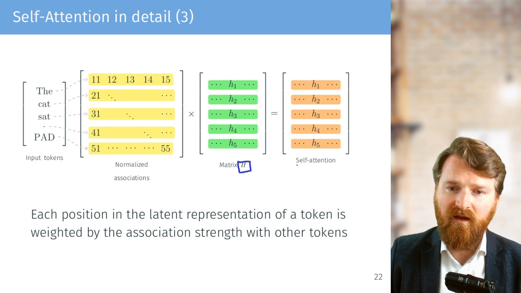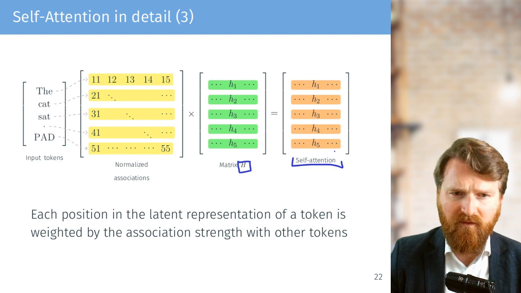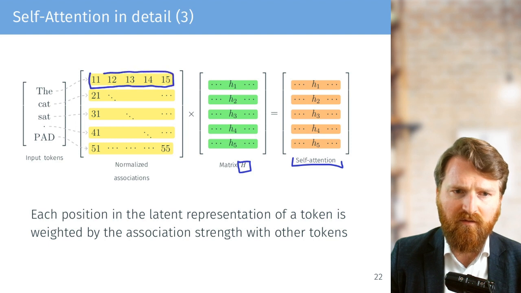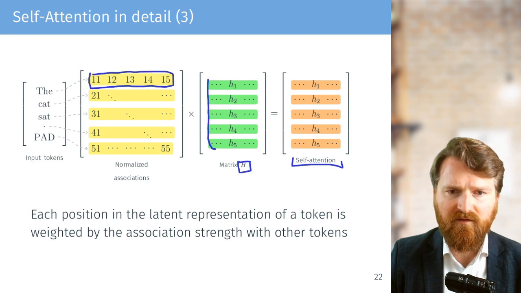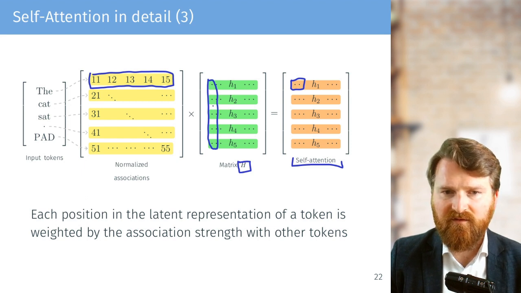What we end up with is a self-attention matrix. If you look at the details, this would be the first row multiplied by the first column, which gives us the first item. What is this saying? These are embeddings, some real numbers, and we multiply them by this probability distribution, like a histogram.